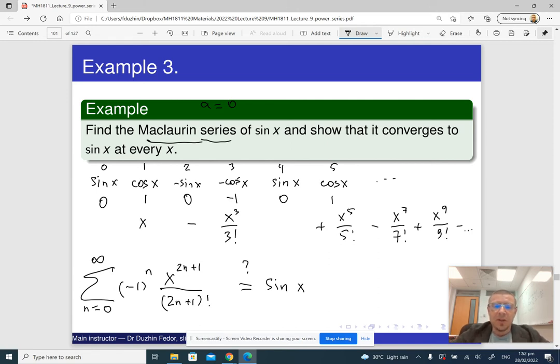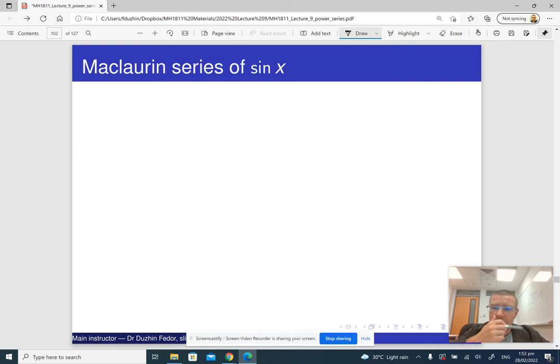Now to prove that its sum actually equals sine x, we need to try the remainder.